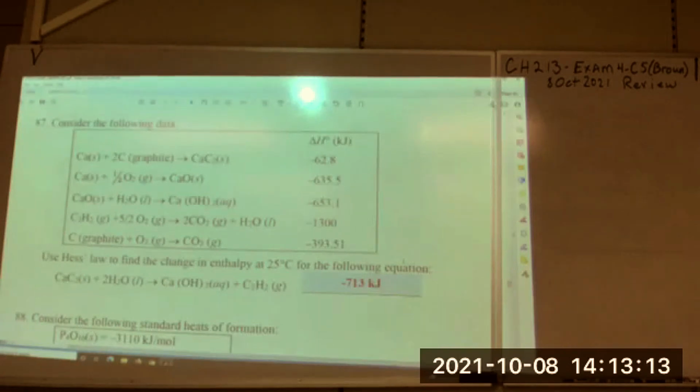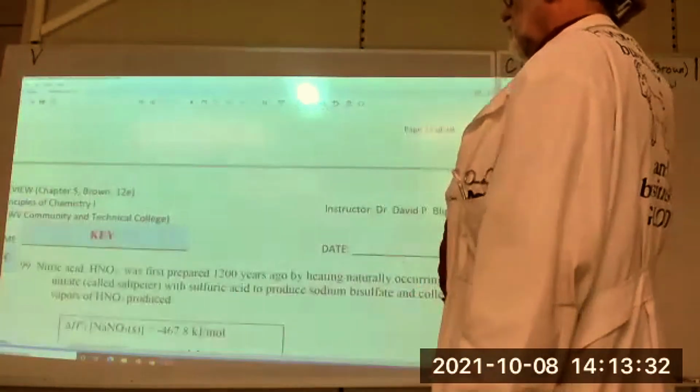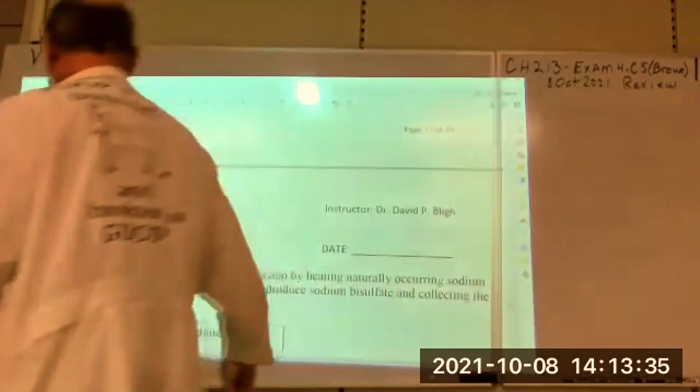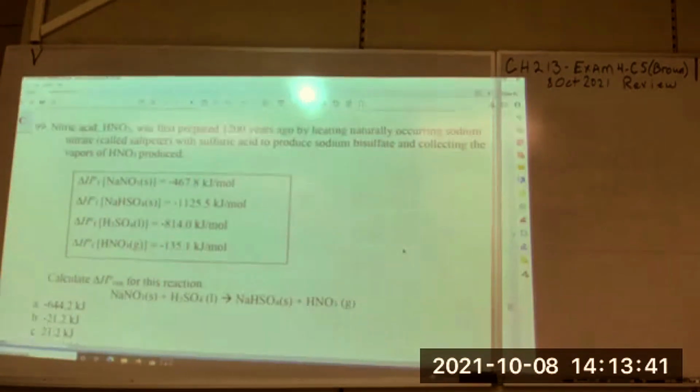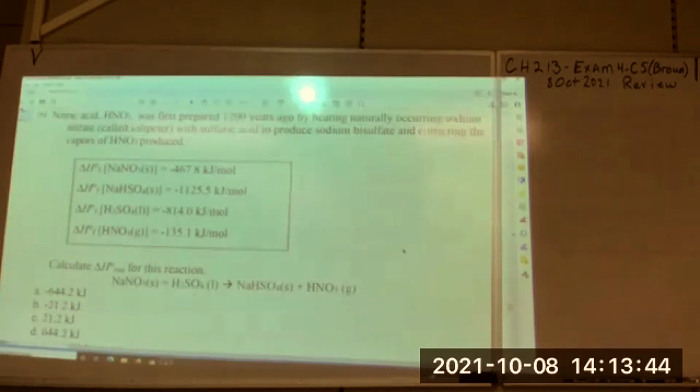I think that's a little more than we want to deal with. Oh, here's one we haven't done yet. Number 99. Chops off the bottom. Is that the answer? No, E's not the answer, so we'll let it slide.